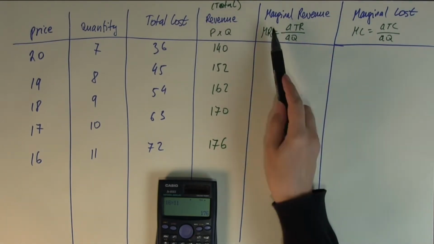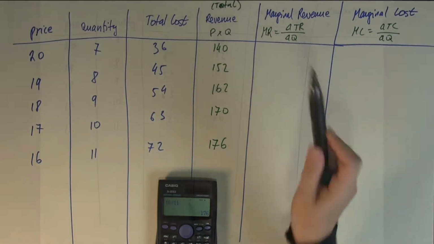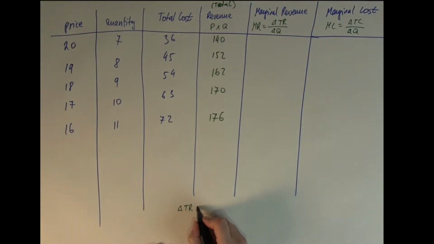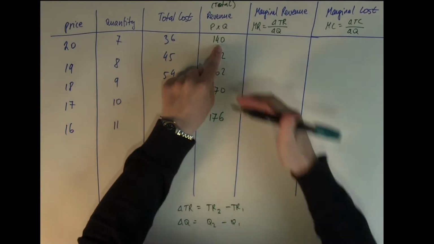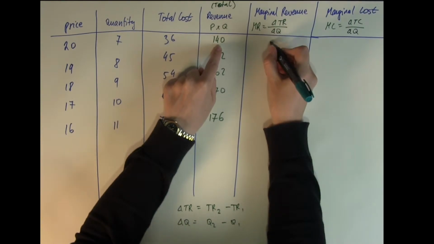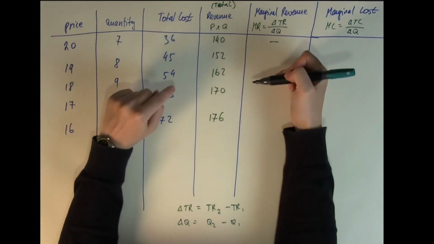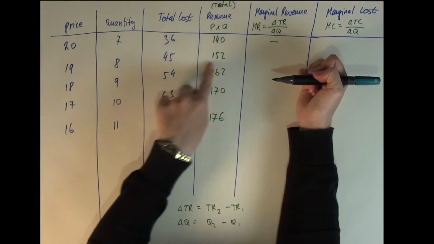To calculate the marginal revenue, I need the change in total revenue divided by the change in quantity. The change in total revenue will be total revenue later minus total revenue now, and the change in quantity will be the quantity later minus the quantity now. For this kind of calculation, I don't know what the total revenue was before, so I will not be able to calculate the marginal revenue for price 20 and quantity 7, but I will be able to calculate it for this combination.